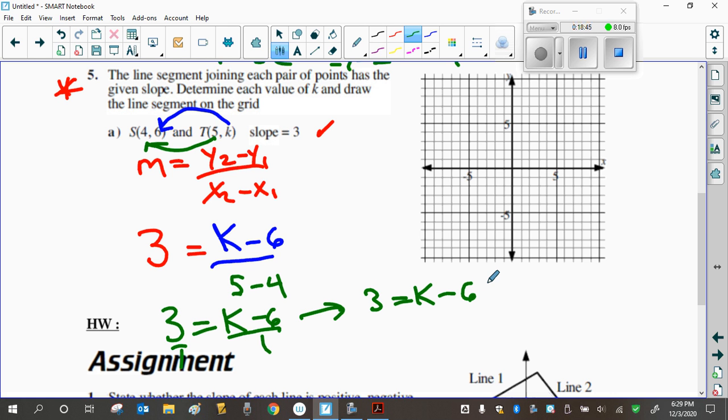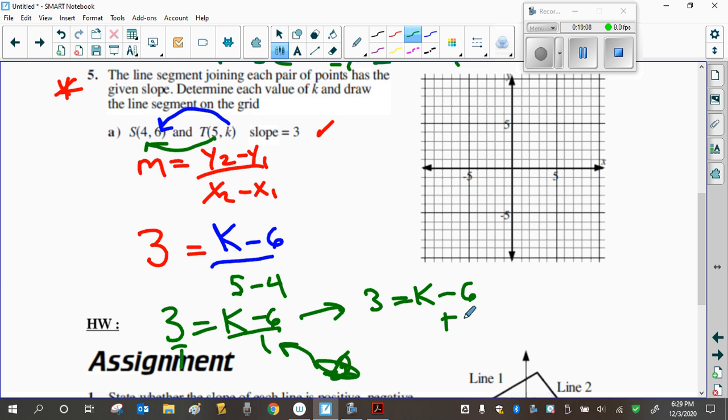And now we have to solve for k. I will give you 30 seconds to do that. You usually have to cross multiply here. Only when the denominator is 1, like in this case, you do not have to cross multiply. But most of the time, this is going to be a 5 or a 7 or a 9 or whatever, negative 2, and then you're going to cross multiply and then solve.